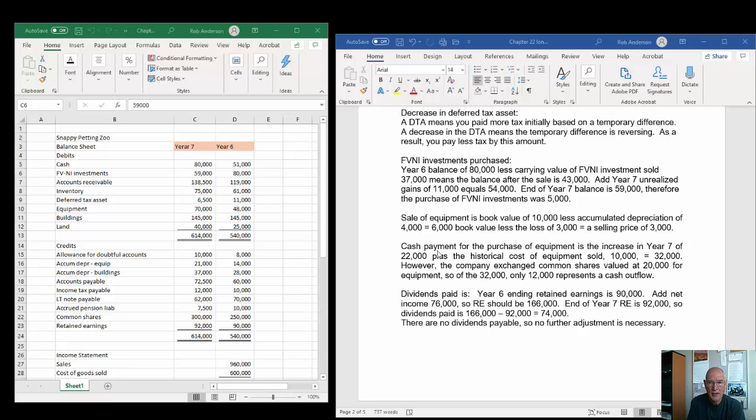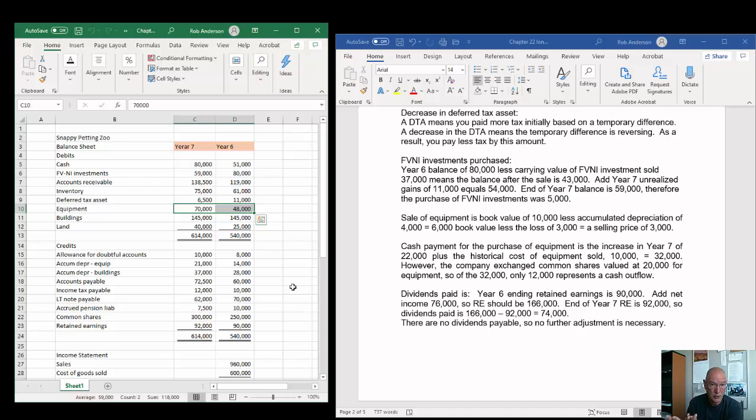We're mixing the sale of equipment, which came off our books, with the purchase of equipment that went onto our books. And the one thing that makes this not too tough is that equipment is recorded at historical cost. So if we look at equipment here on the balance sheet, we can say that we went up $22,000.